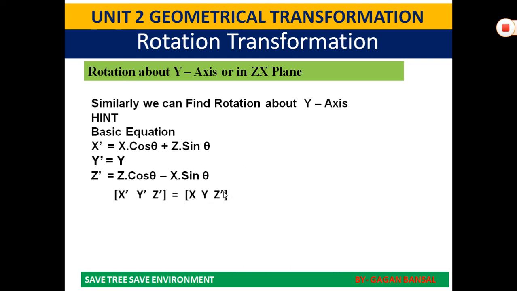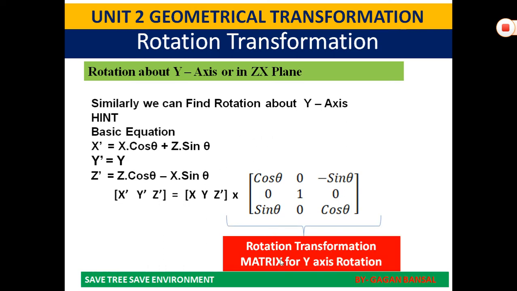This is xyz, not z dash. I am again saying, into cos theta 0 minus sin theta, 0 1 0, sin theta 0 cos theta. So by this we can solve and get the matrix, which is the rotation transformation matrix for y axis rotation.